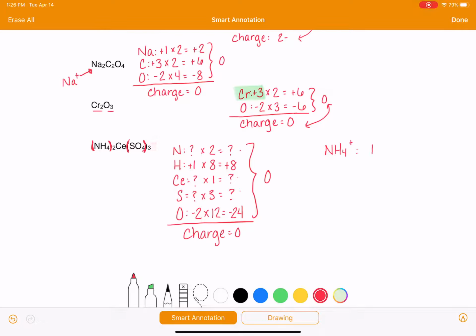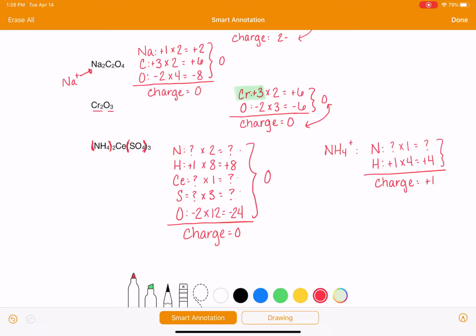So we're going to treat this one all by itself for starters. We have nitrogens, we have hydrogens, and we have an overall charge of +1. We don't know what the nitrogen charge is. We've got 1 of them. Hydrogen, we know, is +1. We've got 4 of those, so altogether their charge is a +4.